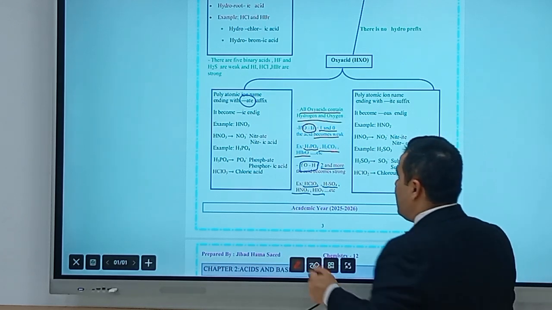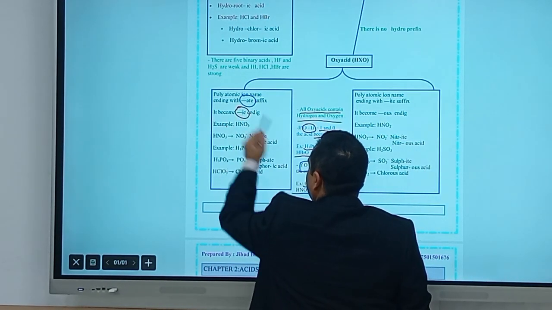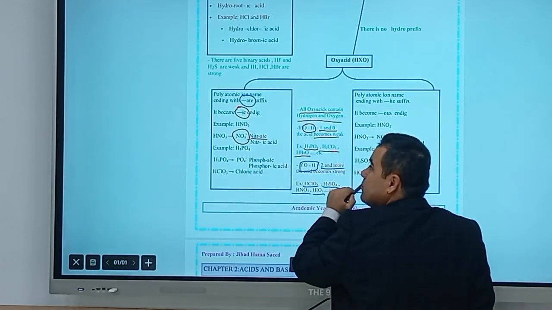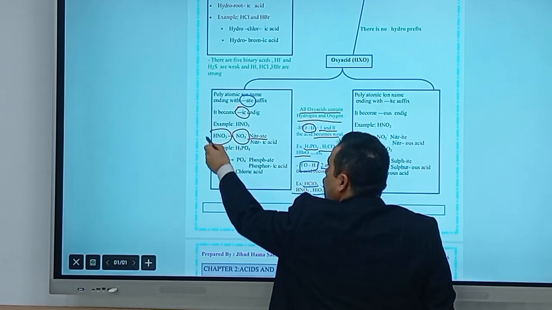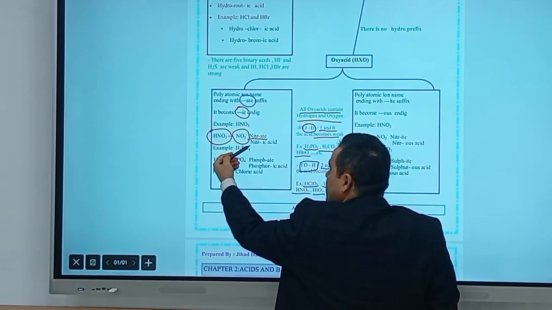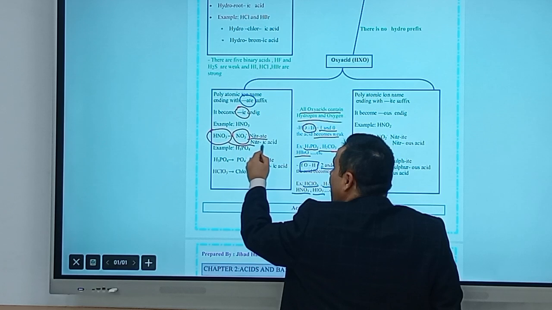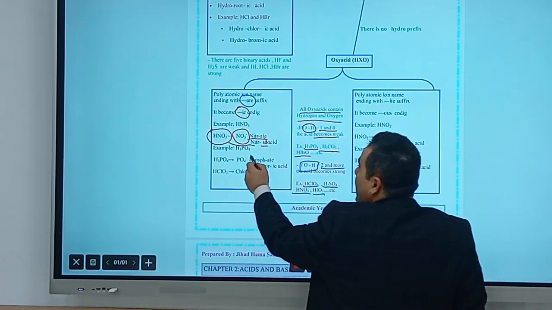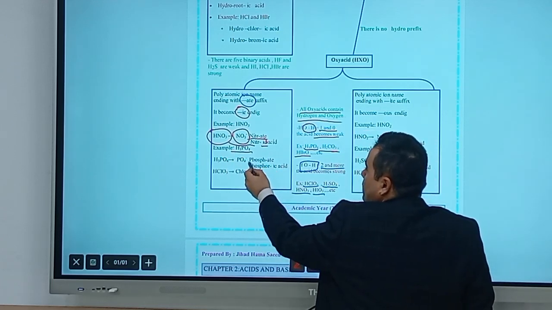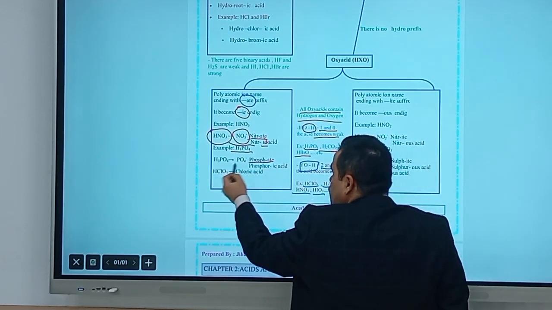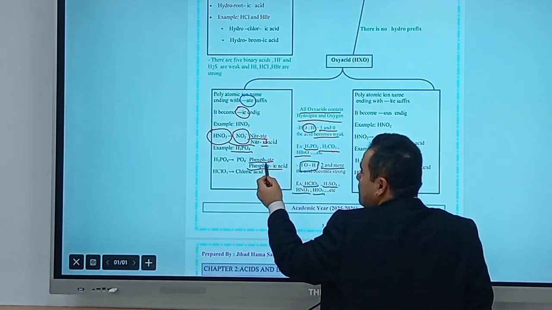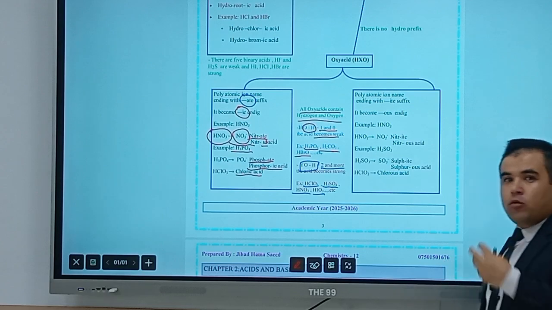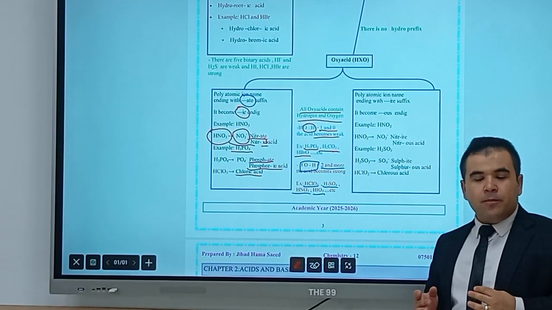For example, NO3 negative is nitrate, but when hydrogen is added to the oxyanion it becomes HNO3, nitric acid. We just replace ATE by IC. H3PO4 comes from phosphate plus hydrogen, it becomes phosphoric acid. The same for chloric acid, bromic acid, and many other examples.